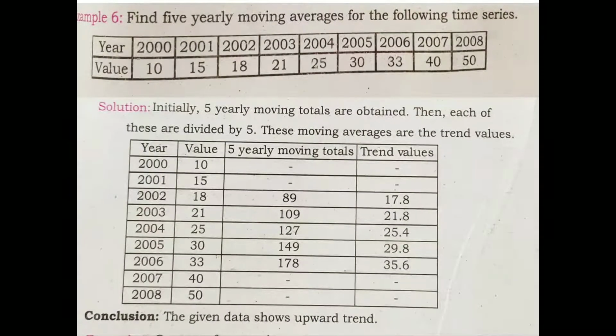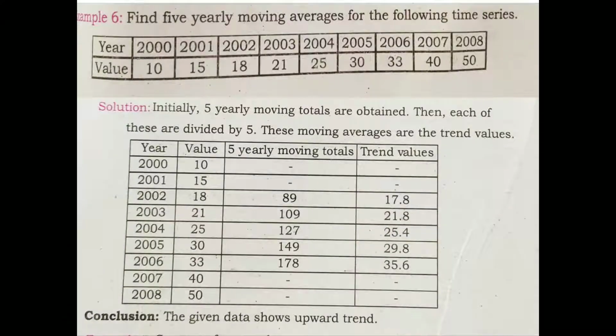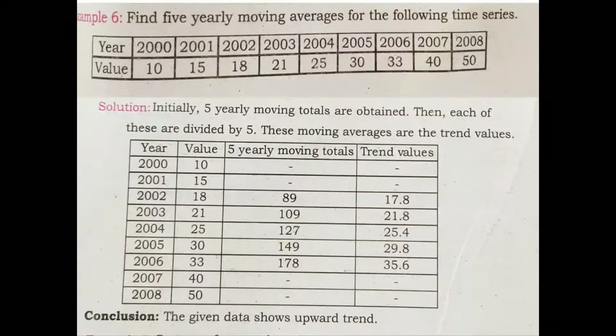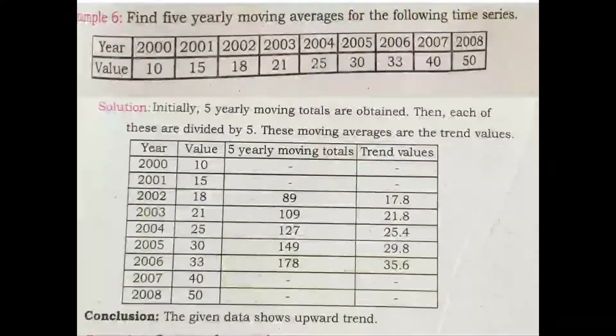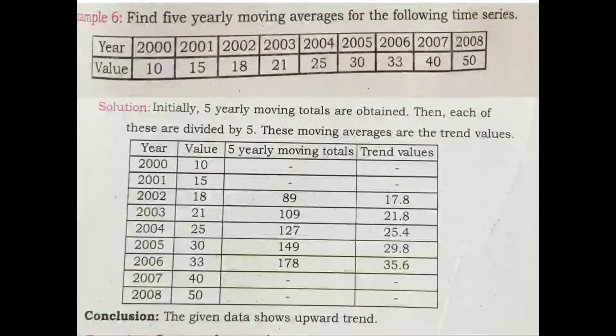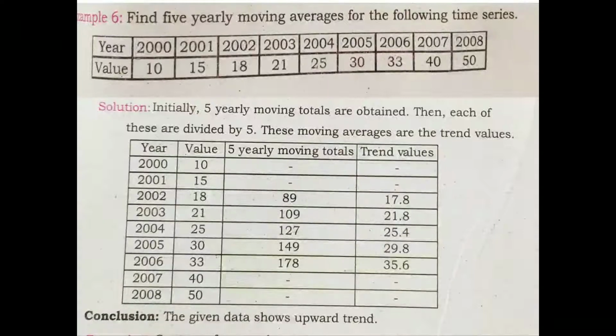Where to write 89? In between these 5 values, which is 18, so in front of 18 you write 89. Likewise you go on calculating the consecutive overlapping values. You will get 109, 127, 149 and 178. Next, calculating the trend values, you divide these values by 5. The given data shows an upward trend.